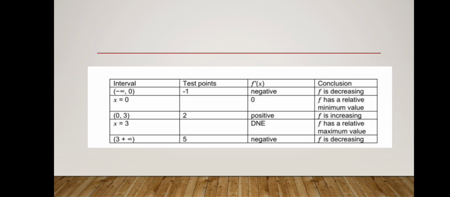Therefore, we can conclude that at x equals 0, we have a relative minimum value. And at x equals 3, we can notice that f prime x changes algebraic sign from positive to negative as x increases. So we can say now that f has a relative maximum value where x is equal to 3.